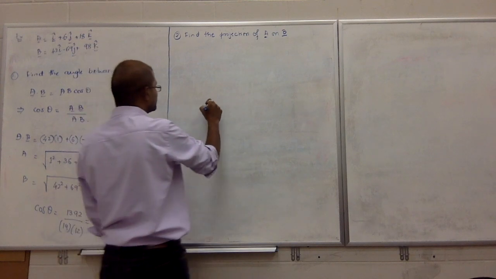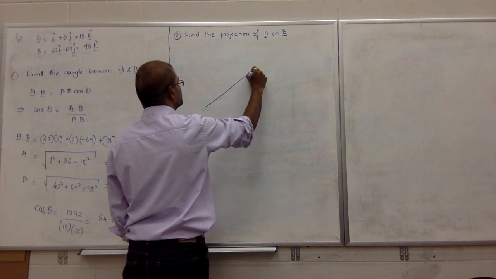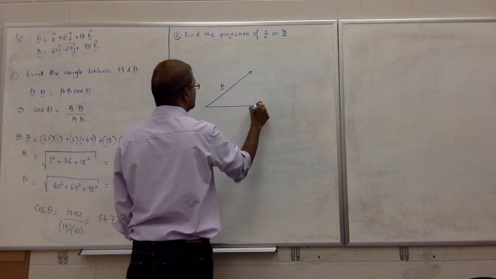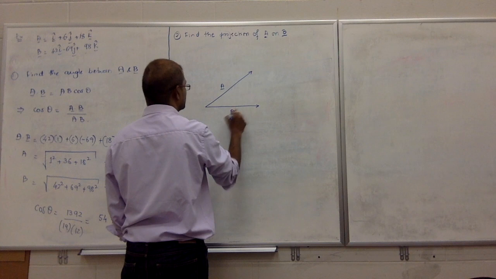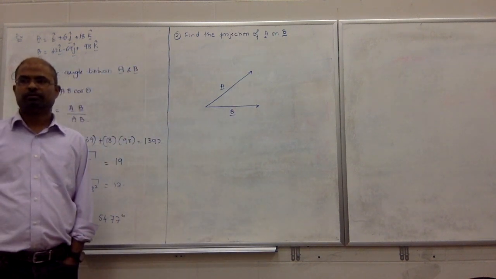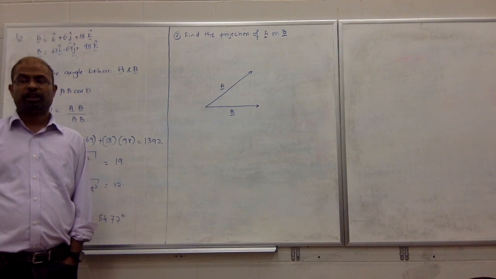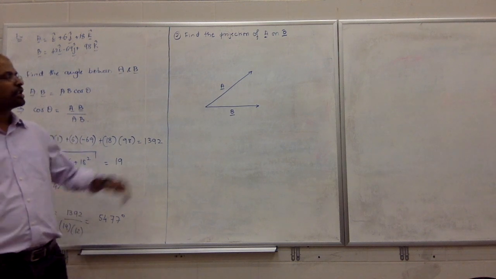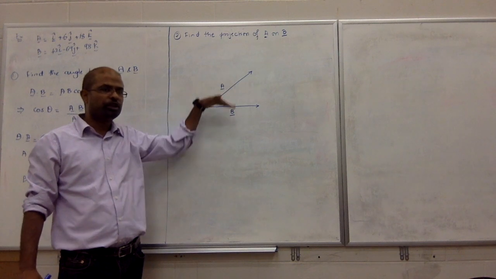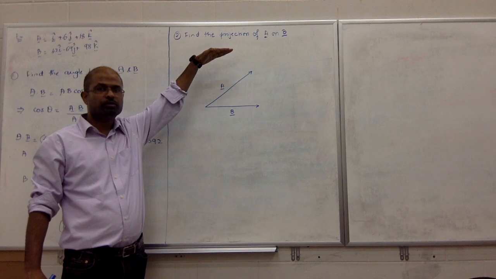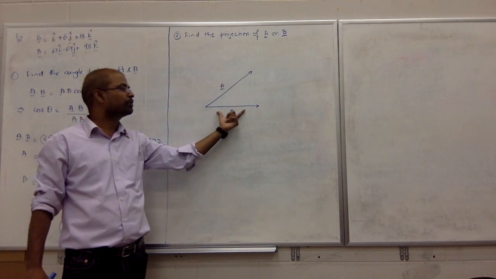If you have a vector A and you have a vector B, what is the projection of A on B? It's essentially the shadow of A on B if the light is perpendicular to B.